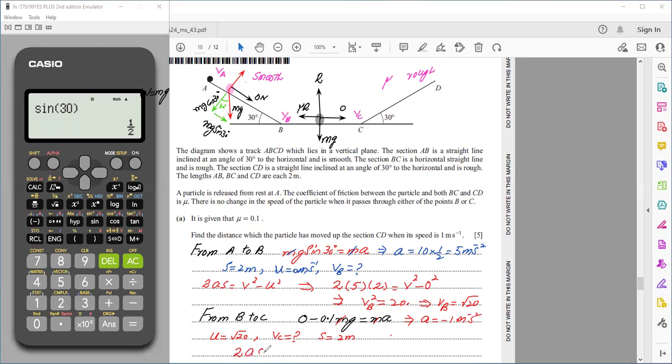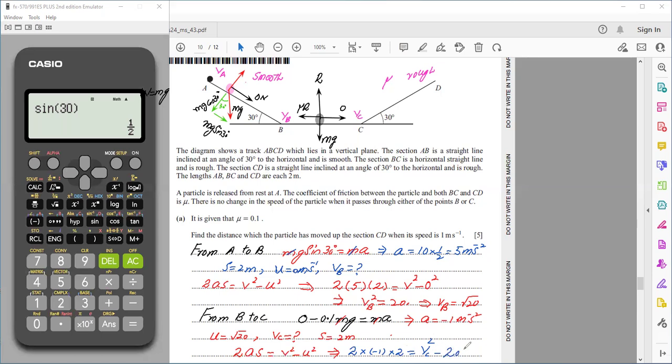Again, the same formula you have to apply: 2aS is equal to V square minus U square. Just replace the values. So 2 as it is, multiplied by a, which is minus 1, and S, which is 2, is equal to V square, the velocity at point C squared, minus U square, the velocity at this point, that is 20.